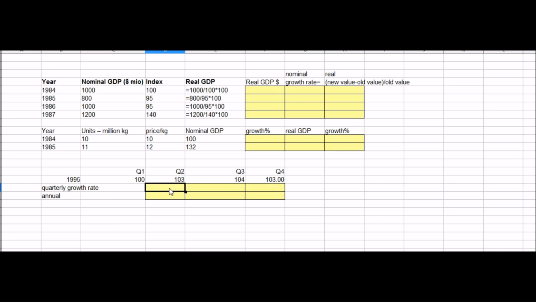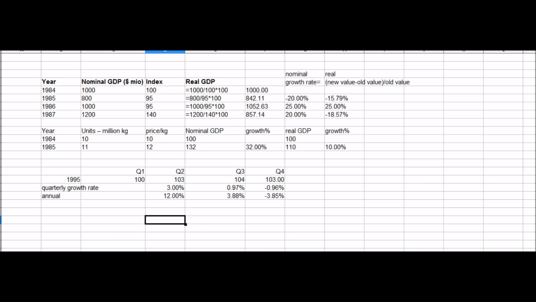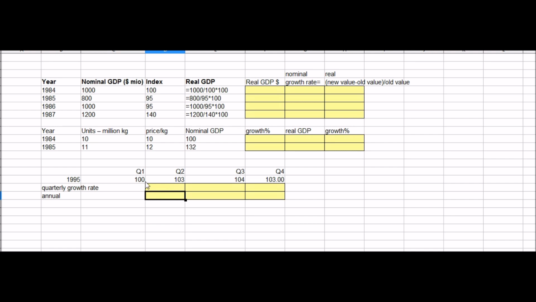For the exercise here, we just need to compute the quarterly growth rate and annualize that. The solution is given in the next worksheet, so you could complete the exercise and check for the solution in the next worksheet. By doing this exercise, you should get familiar with computing the growth rates, quarterly growth rates, and annualized growth rates, and get familiar with the concepts of nominal GDP and real GDP.